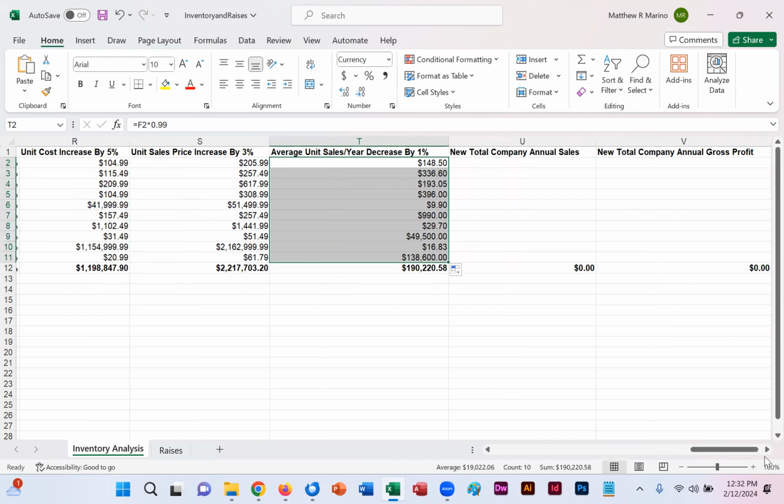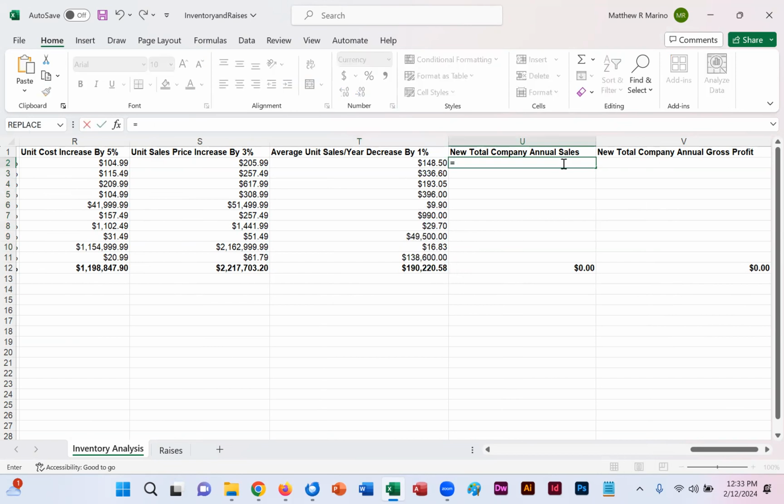However, based on those 3 changes, we now need to calculate our company's new total annual sales and new annual gross profit. So for the new annual sales, we do equals our unit sales price times our average unit sales per year.